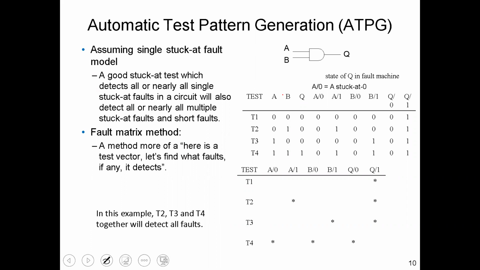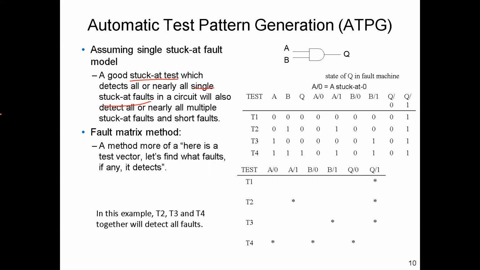So usually in practice, the stuck-at test can detect all or nearly all single stuck-at faults in a circuit. Every time we assume a single fault there, but we do many tests. We do all the single fault tests for all the nodes.